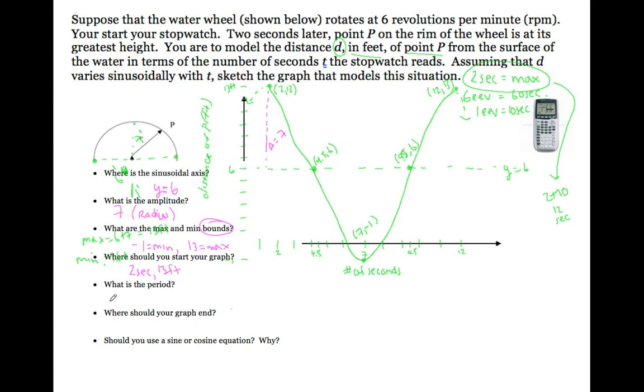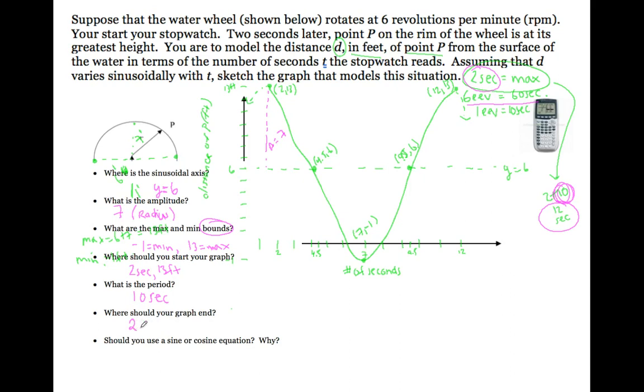What's the period? Well, the period is going to be, we talked about that right away. So from 2 to 12 is 10 seconds, right? It takes 10 seconds to make 1 revolution. If it takes 60 seconds to make 6, it's 10 seconds to make 1. So 10 seconds. Where should your graph end?